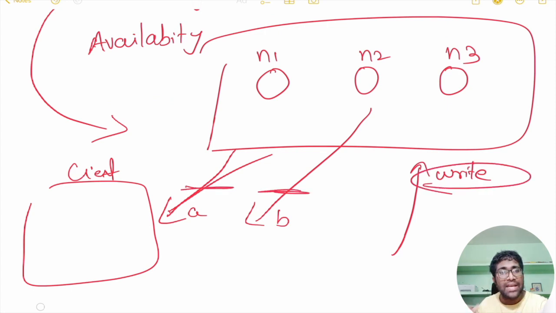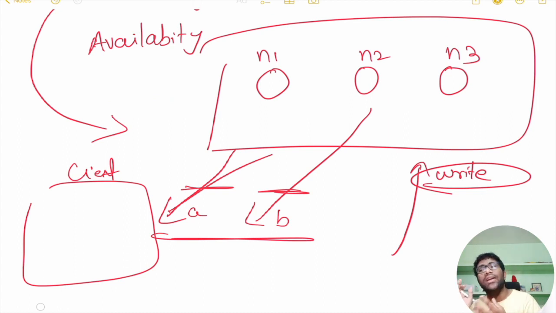Only one write operation was done before these two fetches, but still I'm getting two different data, which means my system here is not consistent. If I get the response A here as well, then I could say that my distributed system is consistent, which means whatever data I write to my system is going to be the same data available in all the nodes. That's what consistency means.